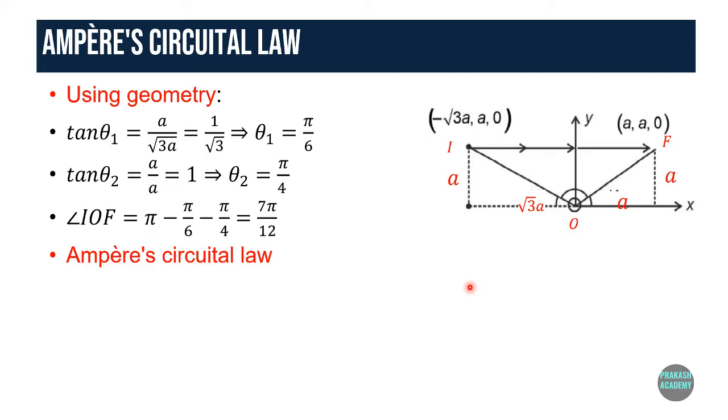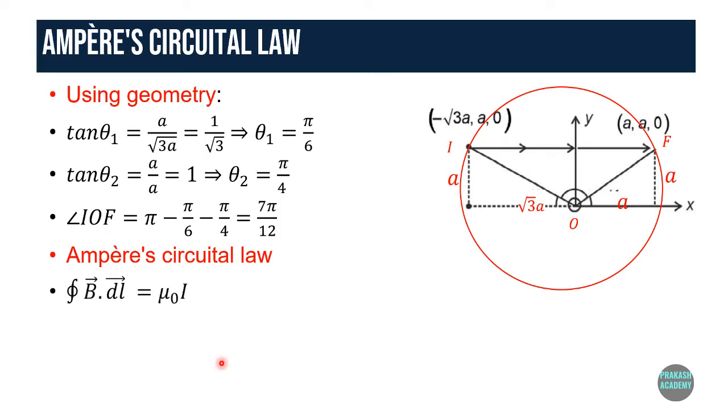Now, what is Ampere's circuital law? This law says the integral of B dot dl in a closed path is equal to mu naught times I. So, this is the law, that is, the integral of B dot dl is equal to mu naught times I. Now, if you consider this circle, the integral of B dot dl in this closed path will be equal to mu naught I. Now, this will be equally divided for this angle.